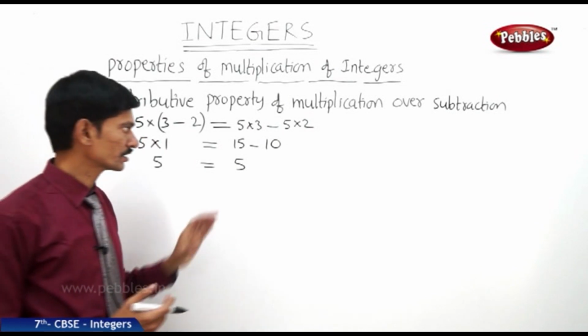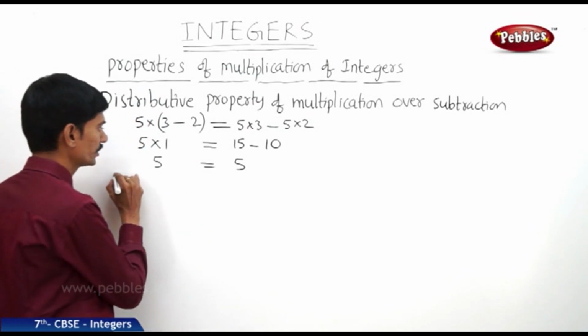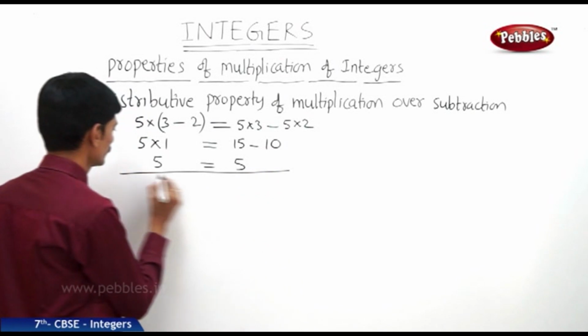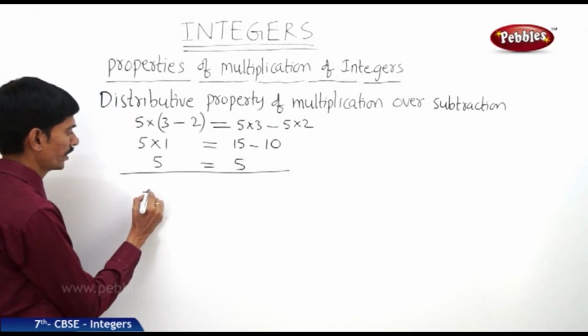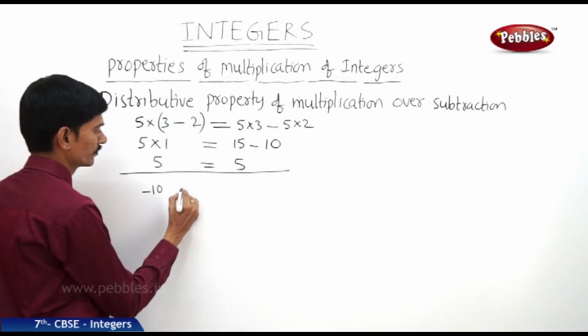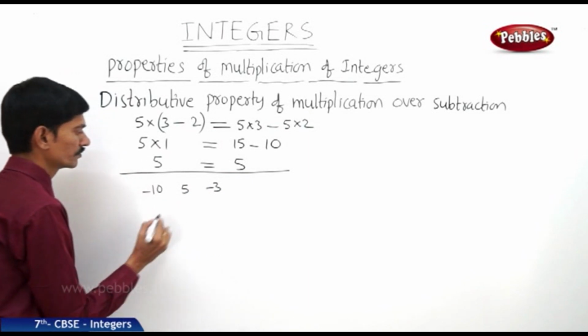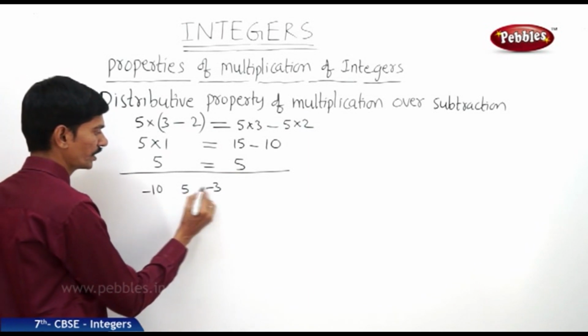Now let us check the same property by taking any three integers. Let us take any three integers as minus 10, 5 and minus 3. Now first we will find the difference of 5 and minus 3.